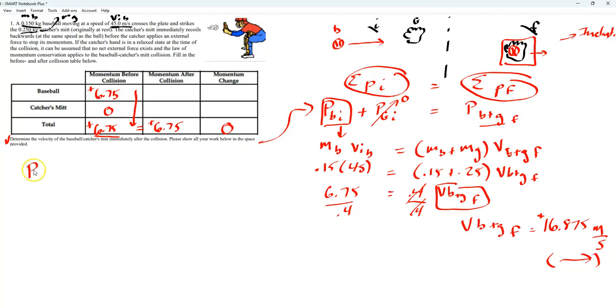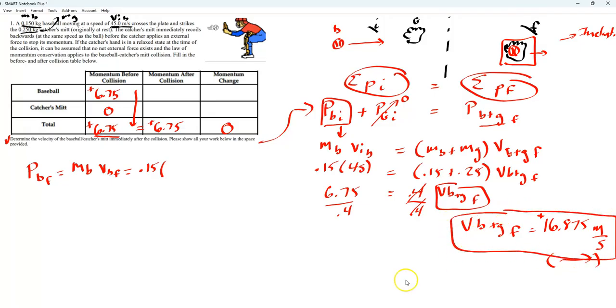We can use the individual momentums to figure out the pieces. So for the final momentum of the ball, that would be the mass of the ball times the final velocity of the ball. So it'd be the mass of the ball, which is 0.15, times the velocity of the ball, which is the same as the velocity of the glove at the end, 16.875.